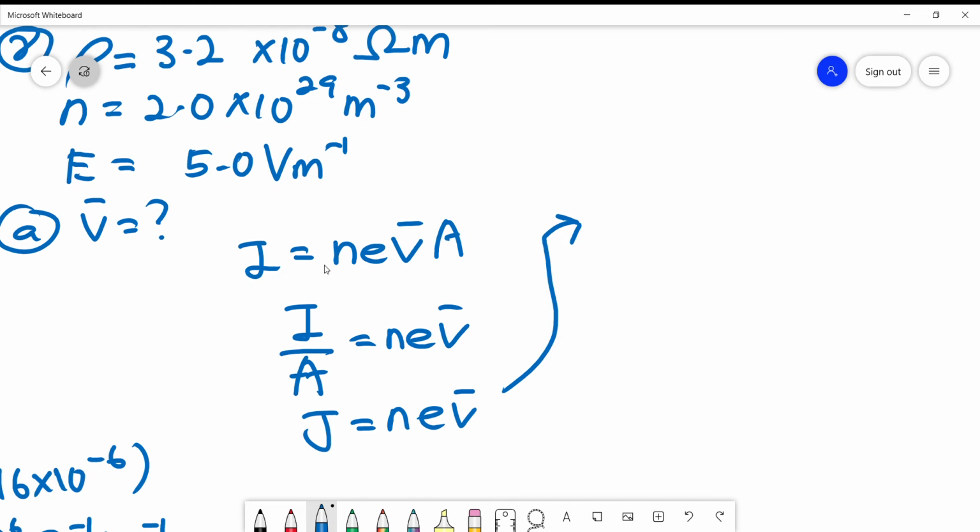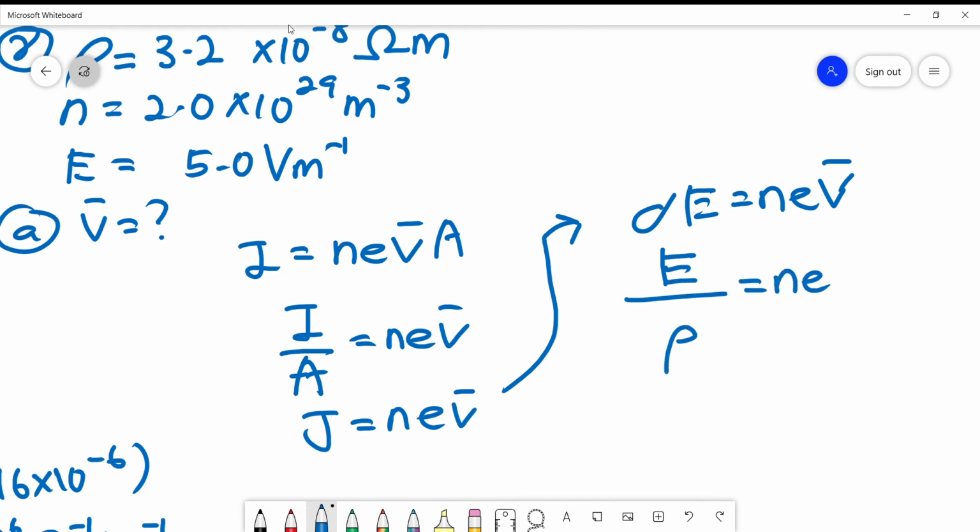J has two formulas: I over A, and the other is sigma E, and this is nev. I have E, but the question gives the resistivity, while here we have the conductivity. Converting conductivity to resistivity is the reciprocal.